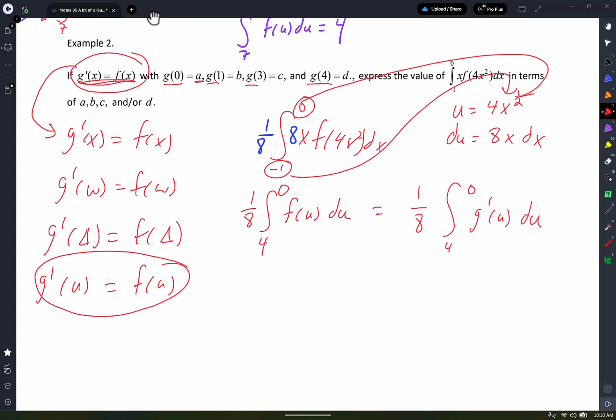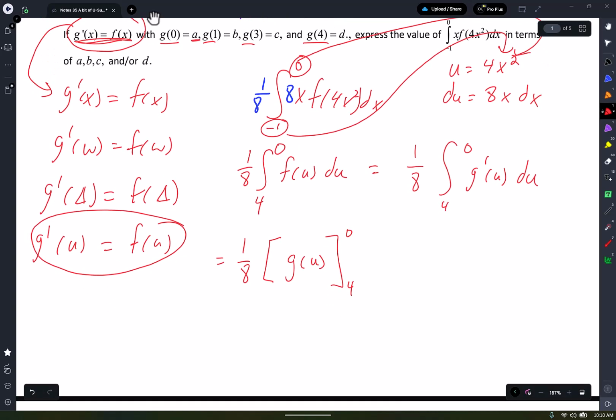What's up, De Leon? Tell me. Oh, are you sure? Yeah. Okay. Here's my 1/8 bracket. What's the antiderivative of g prime? g. 4 to 0. Are we still okay?